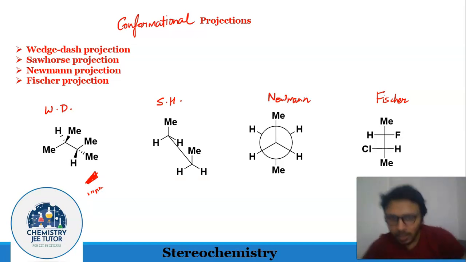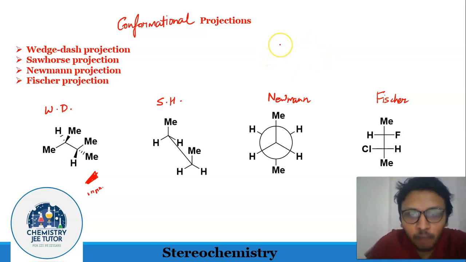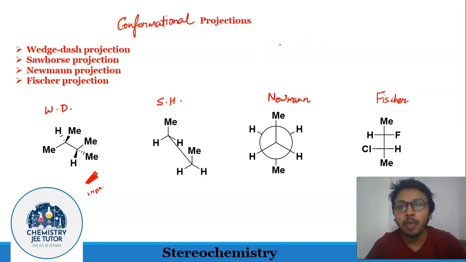Let us also first remember that these conformational isomers are only possible when the rotation is free. In which case is the rotation free? When we have a sigma bond. Now the question arises, when do we have a sigma bond? We have a sigma bond when we have an sp3 center in an acyclic system. Why acyclic?